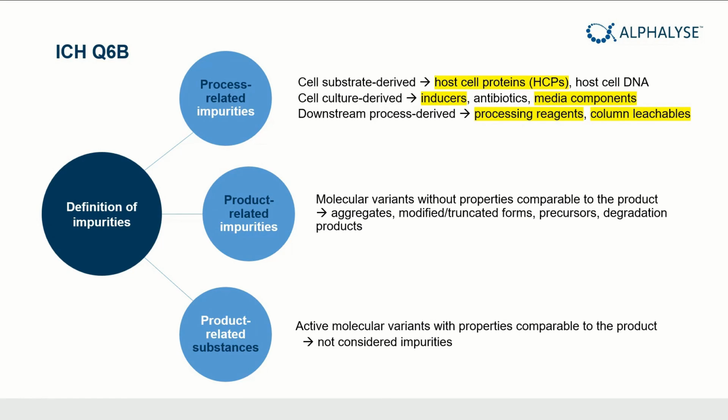These could be different media components, for example, fetal calf serum or human serum albumin added to help growing the cells. In the downstream process, proteins could be different enzymes added to modify the product. On columns, it could be affinity columns using different antibody affinities, and these antibodies may leak into the product. So these should all be measured.